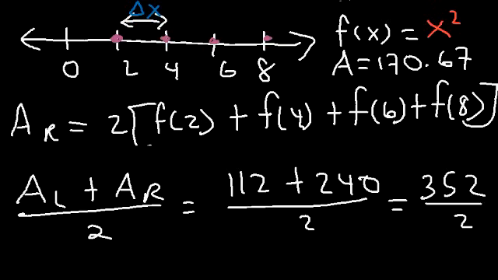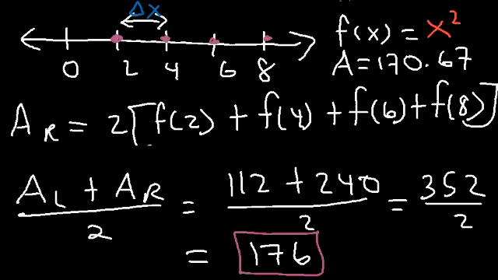That's 176. Notice that if you average the left and the right Riemann sum, you get a very good approximation of the area. 176 is very close to 170.6. But the average is still an over approximation, as you can see.